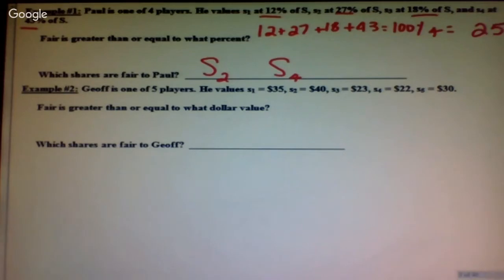Jeff is one of 5 players. He values piece 1 at $35, piece 2 at $40, piece 3 at $23, piece 4 at $22, and piece 5 at $30. So again, we need to get our grand total. So we've got $35, 40, 23, 22, and 30, for a grand total of what? 150.